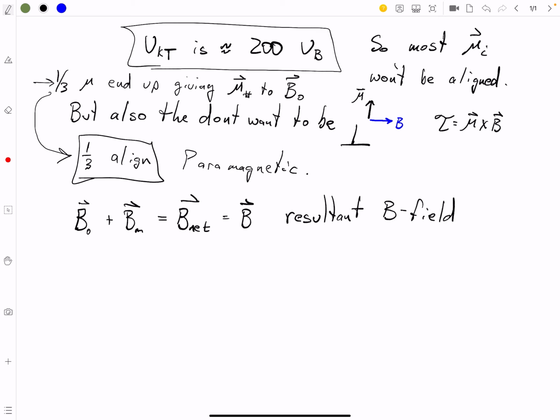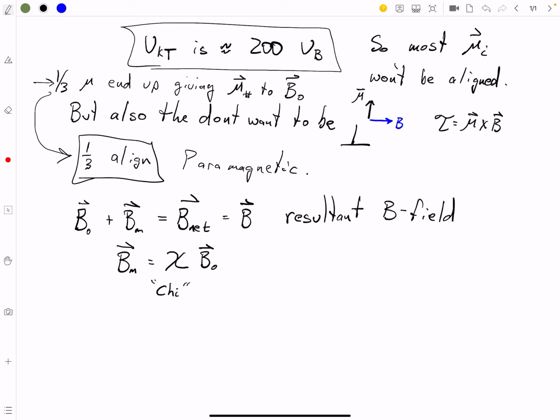All right, so if B equals that, and we also say that our material's magnetic field is equal to some chi, all right, that's chi, times the applied B field, some constant, right?